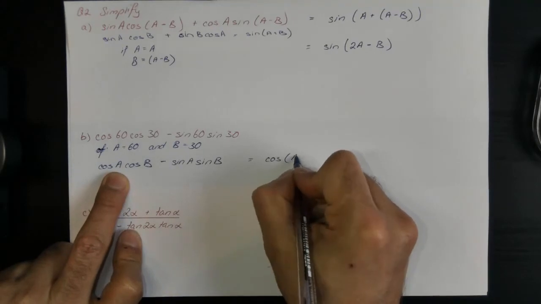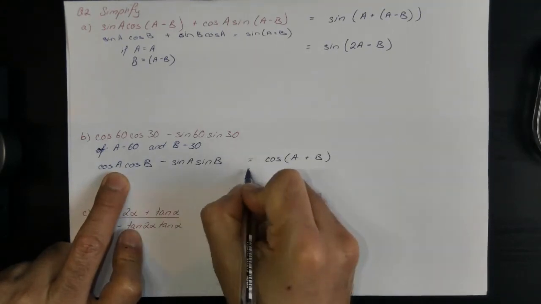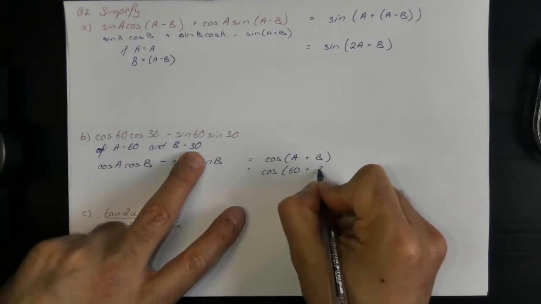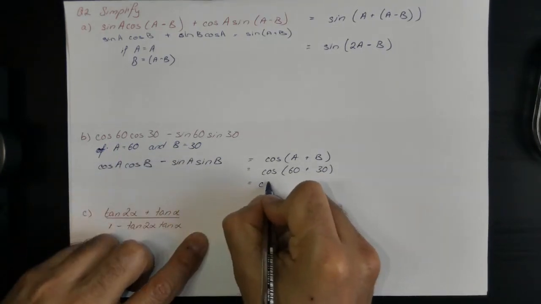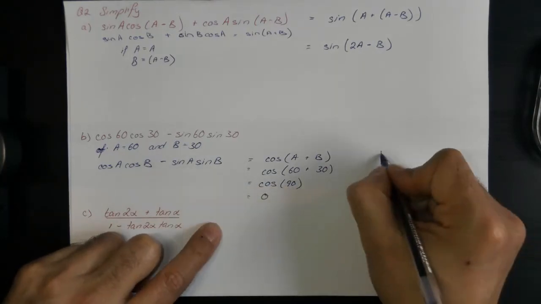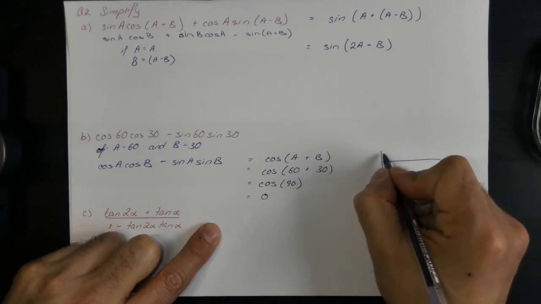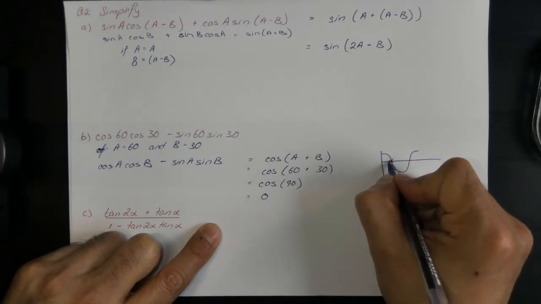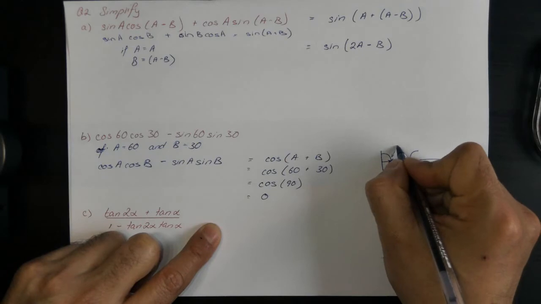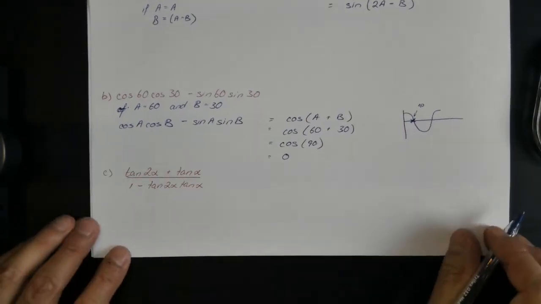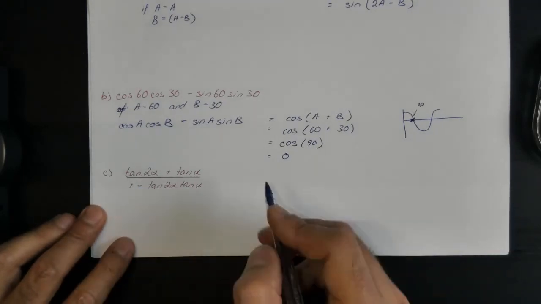Because it's a negative, it's going to be A plus B. A is 60, B is 30, and 60 plus 30 is 90. Now cos of 90 is 0, because there's your cos curve at 90. So that's the final answer.